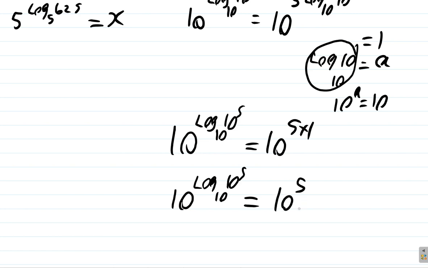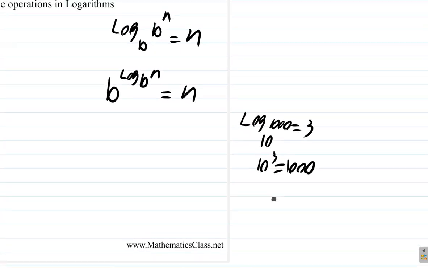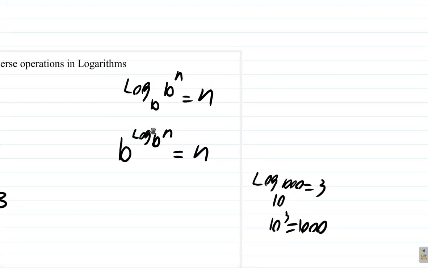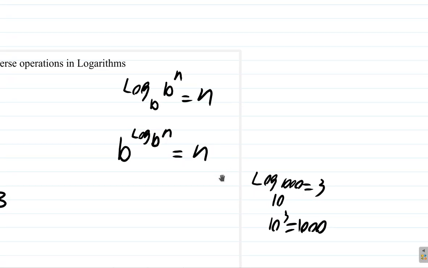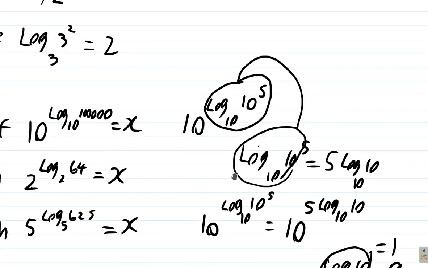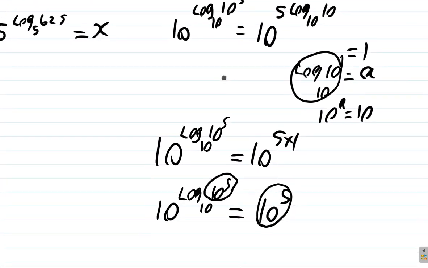Alright? So what you have is this here and the same thing here. Does it agree with what we had? We say 10 to the log base 10 of a number equals the number itself. B to the log of a number with the same base b is equal to the number itself. Right, it worked out.